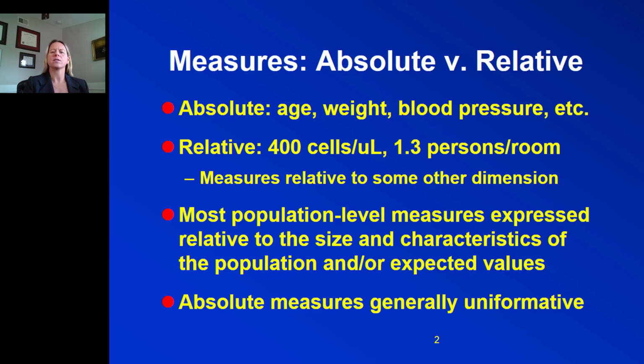In contrast, a relative measure is a measure relative to some other dimension or factor. So an example may be one's number of cells per microliter measured, number of persons in a room. In epidemiology, most population level measures, which is what we're measuring, are expressed as relative measures because absolute measures are generally uninformative because they do not provide us with any sort of unit of measure that's relative.